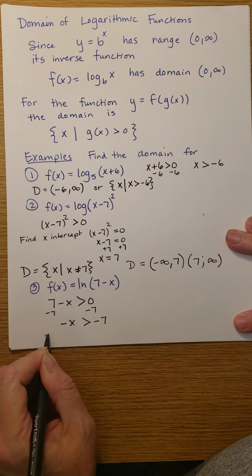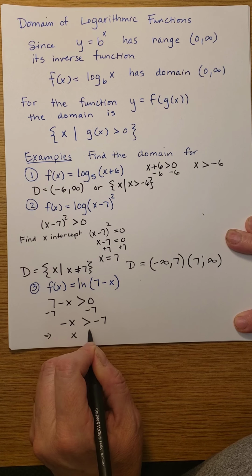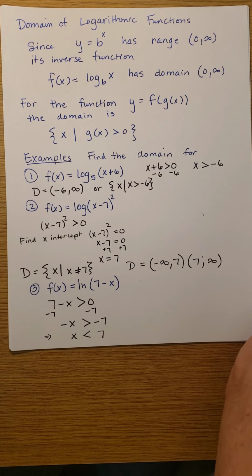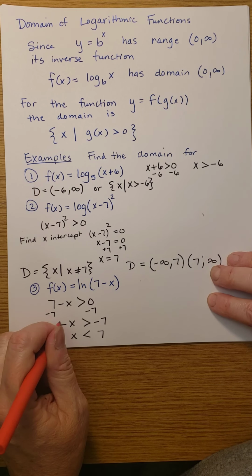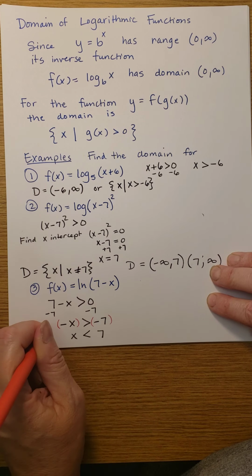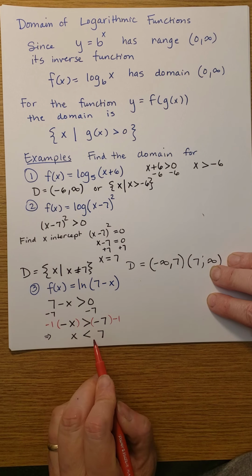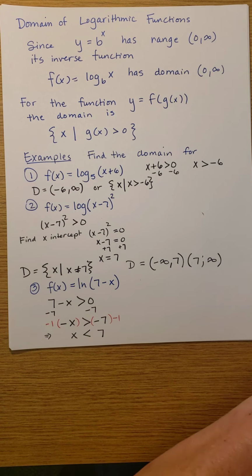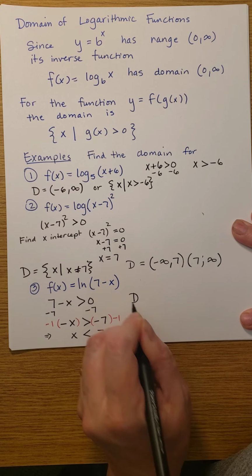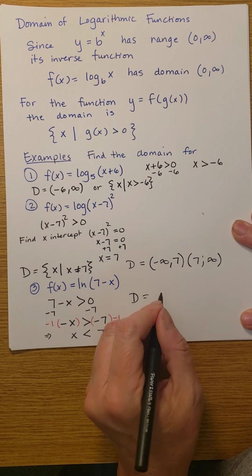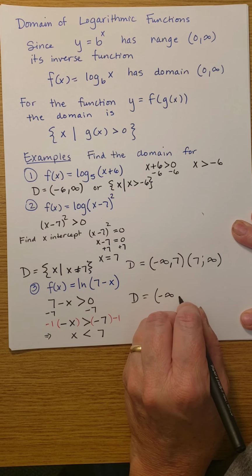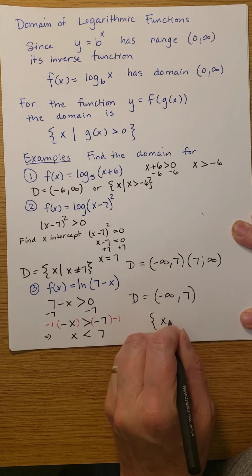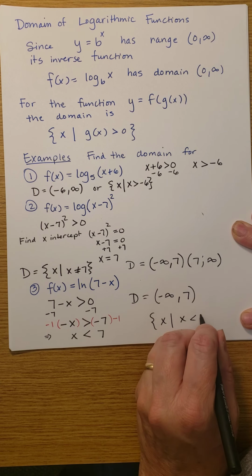So this means that x is less than 7, because I've multiplied both sides by negative 1, and at that point, you have to change the direction of your inequality. So in this example then, finally, the domain is from minus infinity to 7, or it's the set of all x such that x is less than 7.